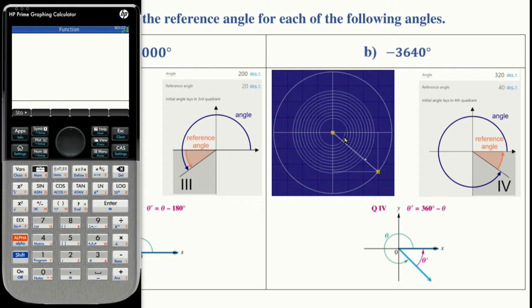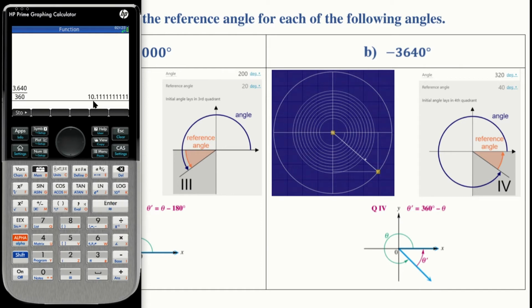And remember, the negative direction for angles is the clockwise direction. So we want to know how many times we have to go around, right? So what we do is something similar, except we have to adjust for the fact that it's negative. So however many 360s we get in there, we're going to add the multiple of one more than that. So let's see how that works. We don't need to worry about the sign at this point. Let's just take 3640 divided by 360.